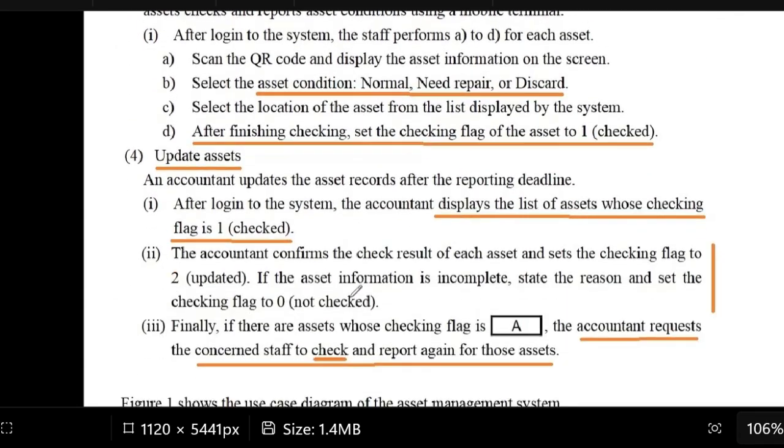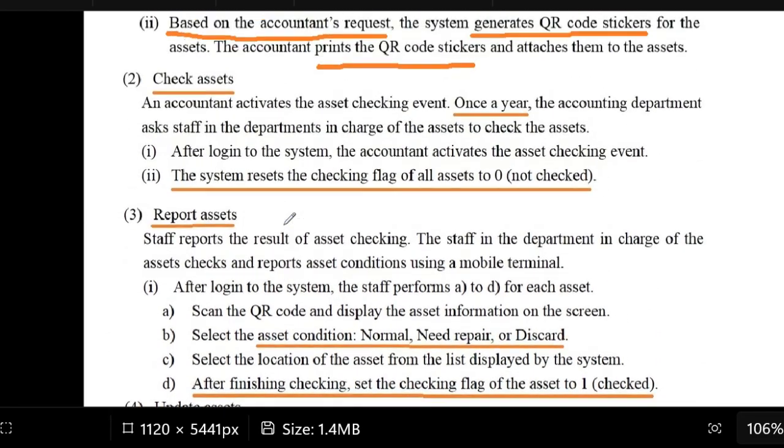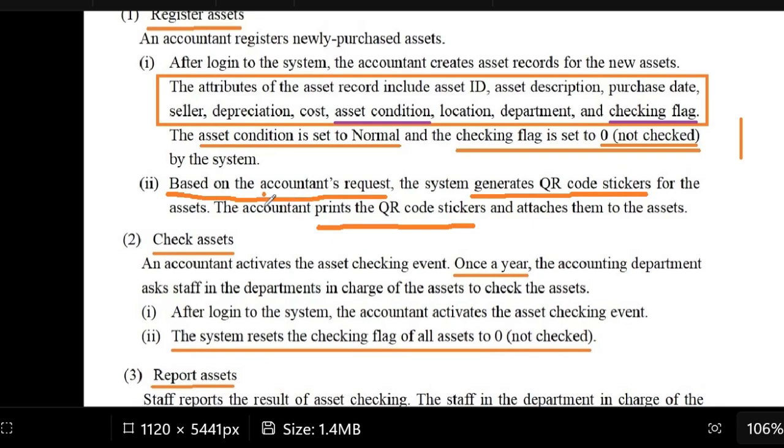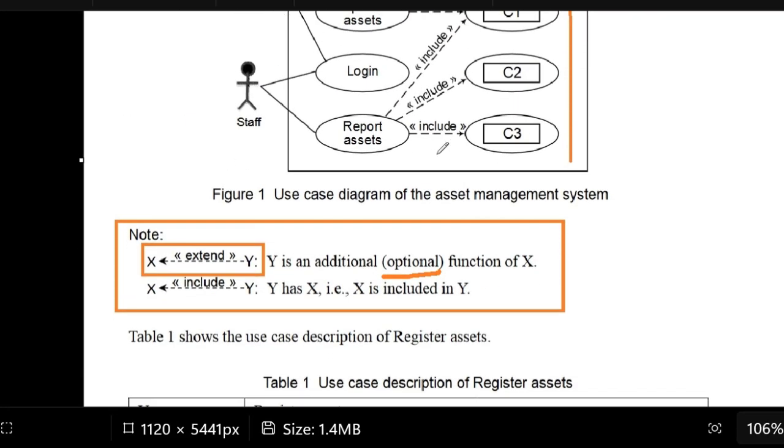And we see here towards the end something where the accountant requests the concerned staff. So the accountant can actually request, and if the step here is based on the accountant's request, then there is a case where we don't print out, we don't also generate QR codes. So in that sense, I knew that it's supposed to be extend instead of include. Again, also based on the note, optional.